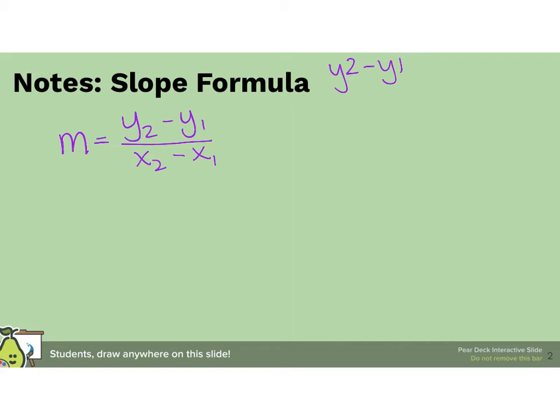So what does all of this mean? Well, the m, that's the letter in algebra that we use to represent slope, also called the rate of change. So that's just the letter we use instead of saying slope, or instead of saying rate of change, we just use the letter m. The x1 and y1 is the first ordered pair.